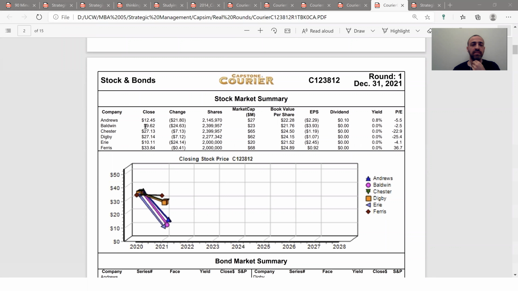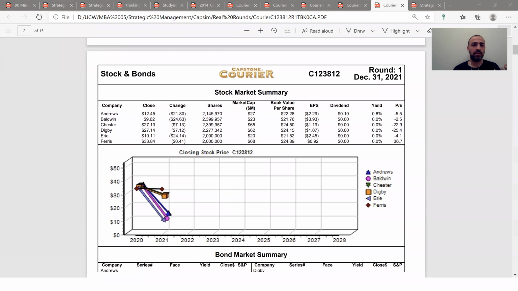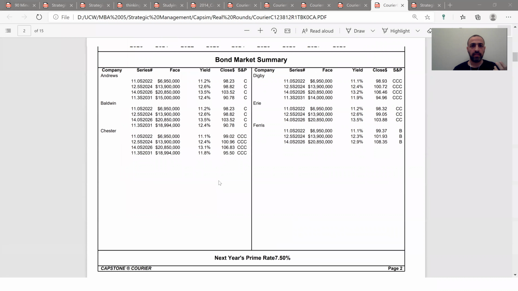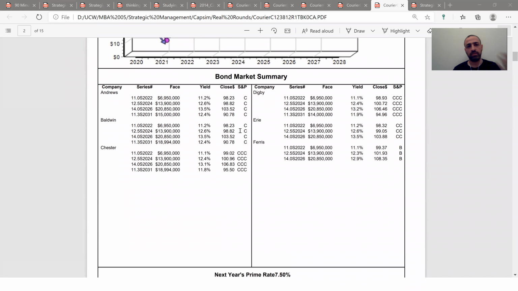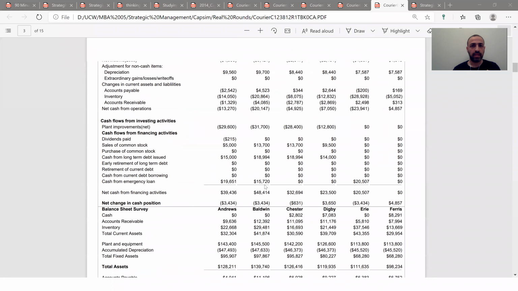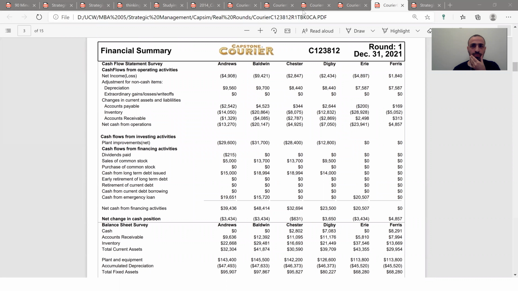Unfortunately, because of our negative profit, our loss actually, our stock price fell. And now our credit situation is not good at all. We are C.